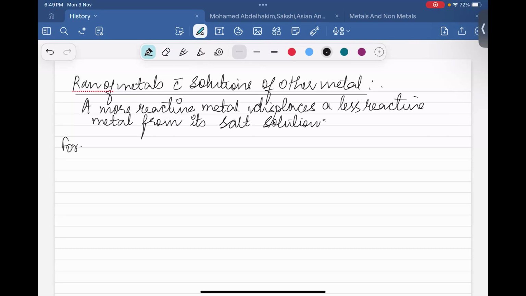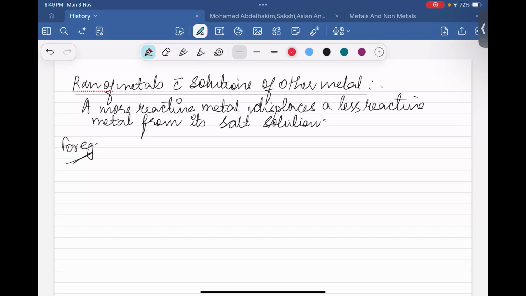For example, have you seen an iron nail?